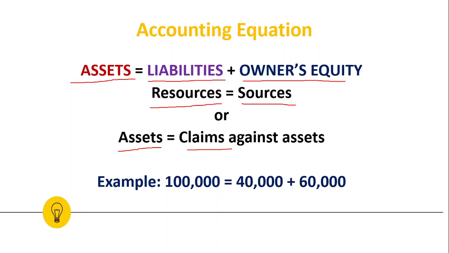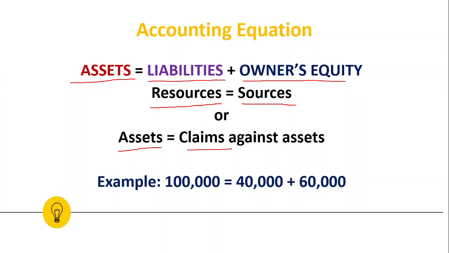Suppose you have taken some asset, let it be a car, from a bank. You will pay the money back to the bank in the form of installments. In case you default on the installments or continuously ignore paying them, the bank will seize your car and sell it to retrieve its money back. That's why we call it claims on assets.